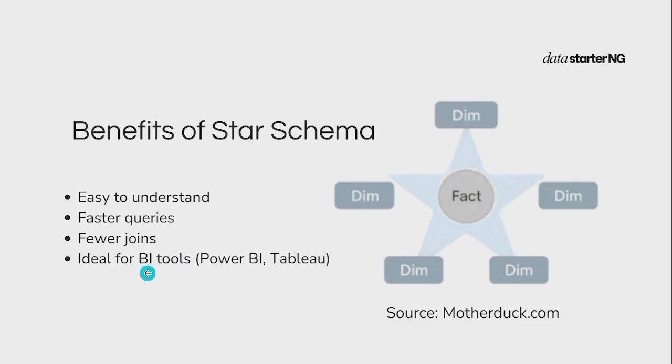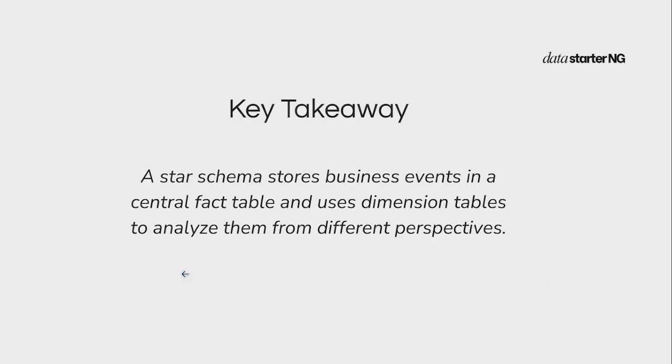Whenever you come across a situation where you have to work with multiple tables, creating some sort of star schema would really help streamline your analysis. Key takeaway: a star schema stores business events in a central fact table and uses dimension tables to analyze them from different perspectives.